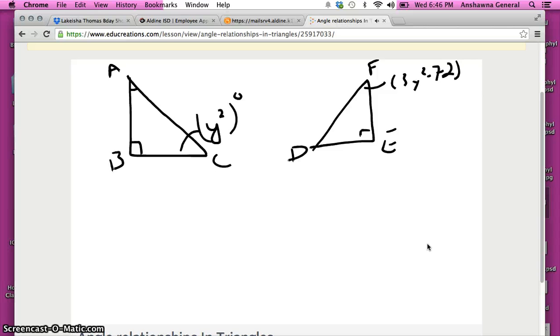Notice that angle B and angle E are both right angles, so they are congruent to each other. Angle A and angle D both have arc marks, so they're congruent to each other. So automatically C is congruent to F.